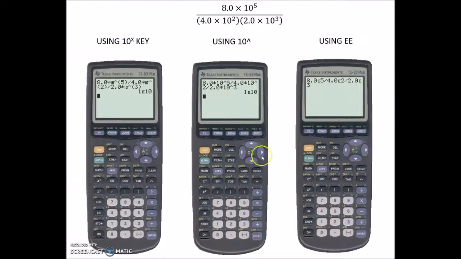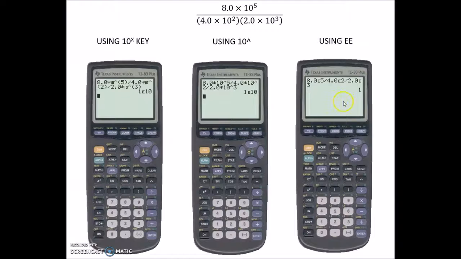Notice in using the EE key, you don't have to enter a 10 explicitly. And we get an answer of 1. So our answers range from 10 billion, 10 billion, and 1. Well, I'm happy to say that the third method actually got us the right answer, and I'm jumping for joy there a little bit with the cursor.